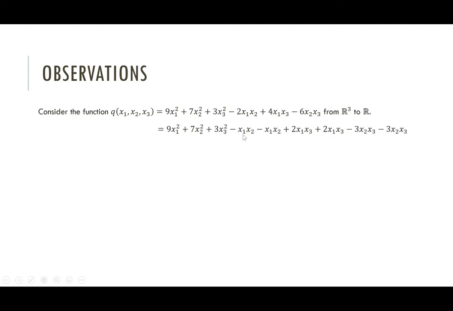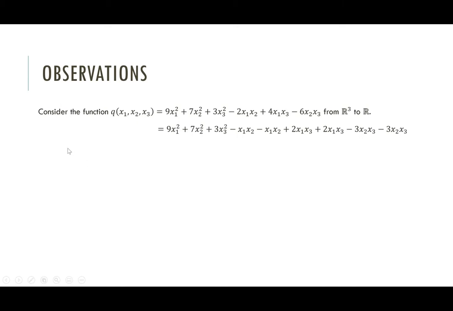And let's try to do something similar. So these are our mixed terms. We'll break up each mixed term into two parts. So minus 2x1 x2 is minus 1 x1 x2 minus 1 x1 x2. Similarly, the 4x1 x3 gets broken up into two 2's, and then minus 6x2 x3 gets broken up into two negative 3's.